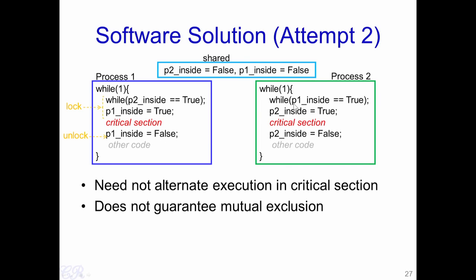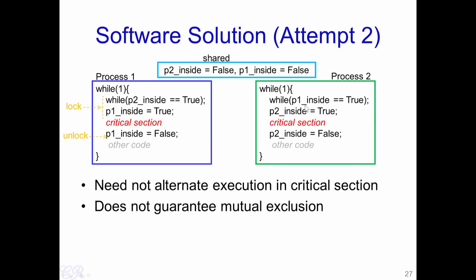Similarly, process 2 would first execute this while loop until P1 underscore inside is false. A value of P1 underscore inside being false would mean that process P1 has exited from the critical section and is no longer in the critical section.